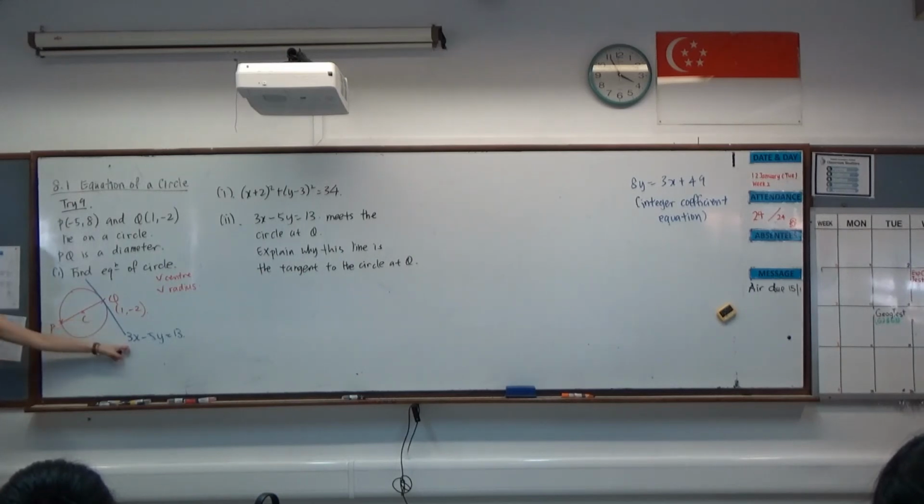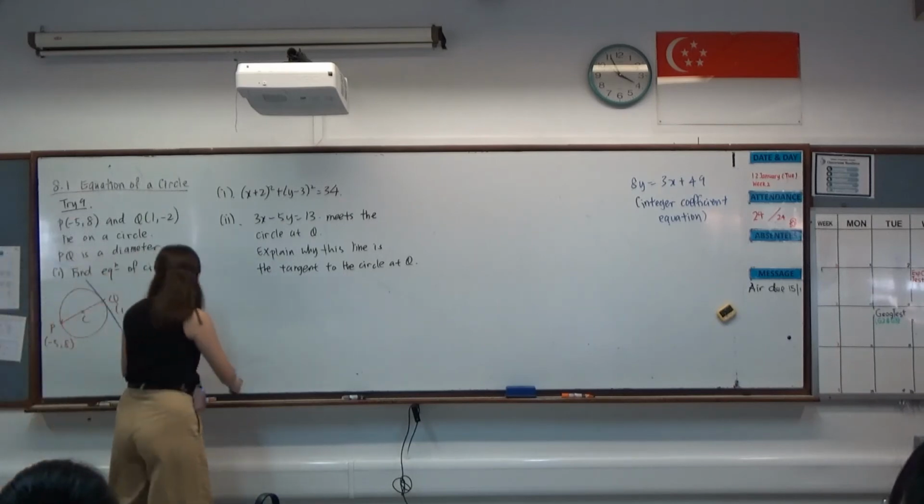So I can derive the gradient of this. I can also find out the gradient of the radius. Even in part 1, if you didn't find the center, you can still find out the gradient of the radius, because it will be the same as the gradient of the diameter. So we can find the gradient and then compare it with the gradient of the line. So that will be what we will do.